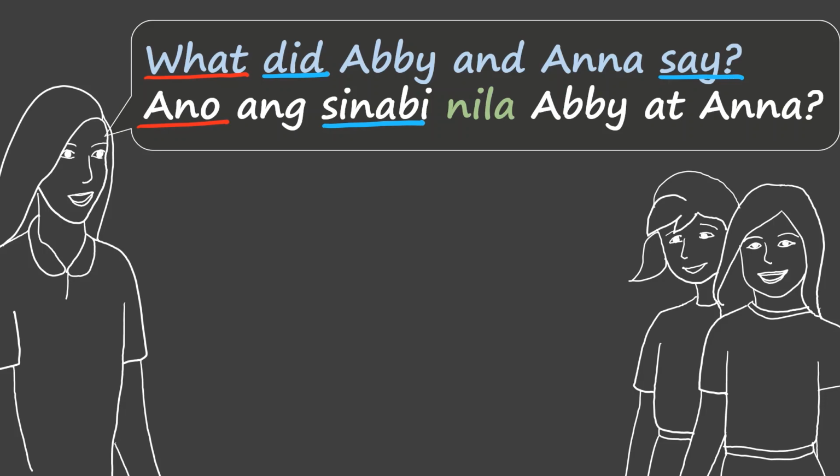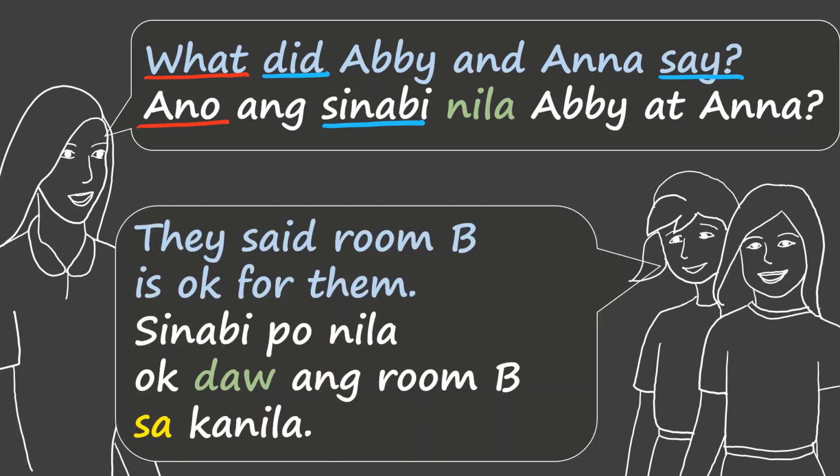Now the kids answered. They said, "Room B is okay for them. Sinabi po nila, okay daw ang room B sa kanila." They, nila, said, sinabi. For is sa. So here is another meaning of sa.